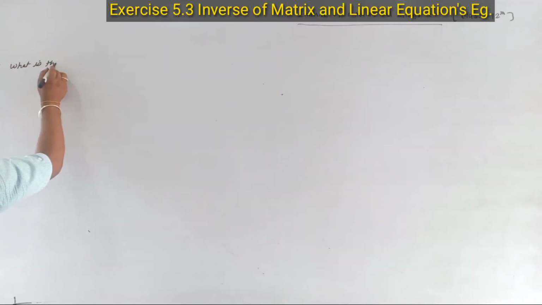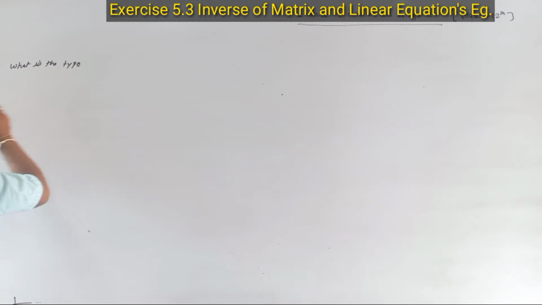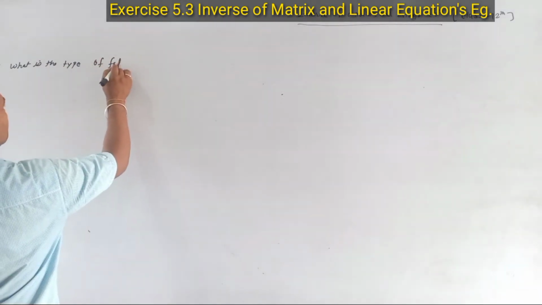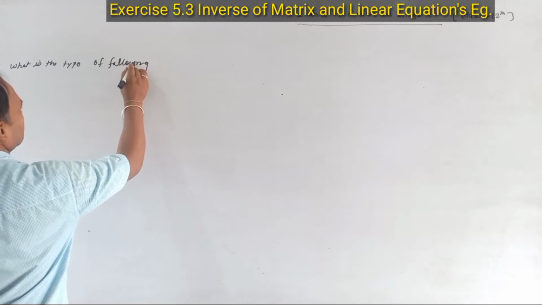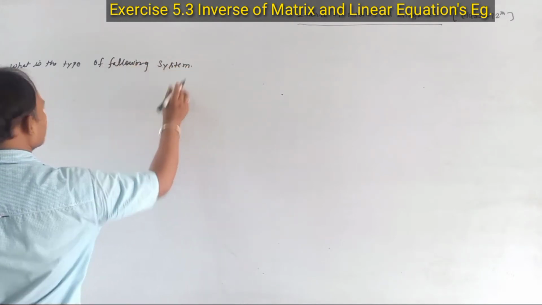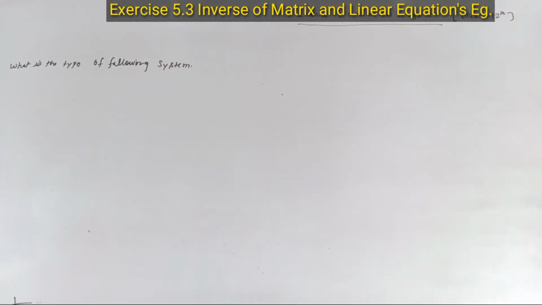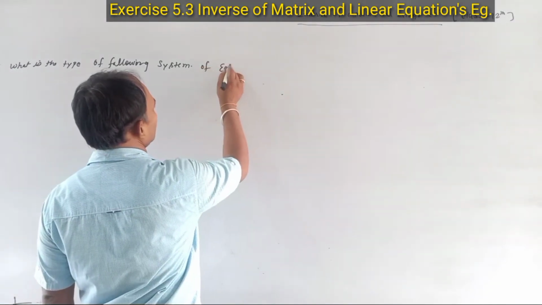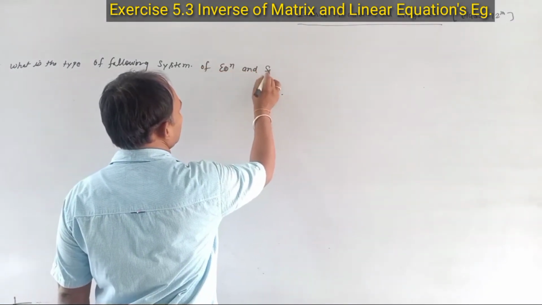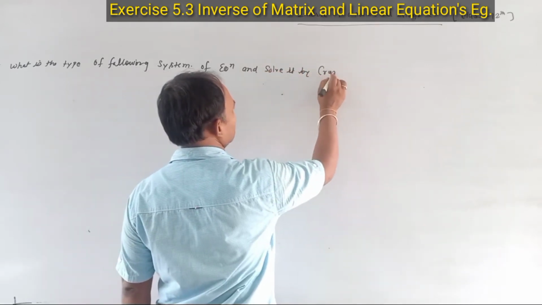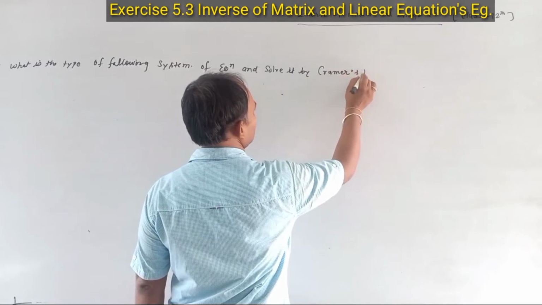What is the type of the following system of equations, and solve it by Cramer's rule.